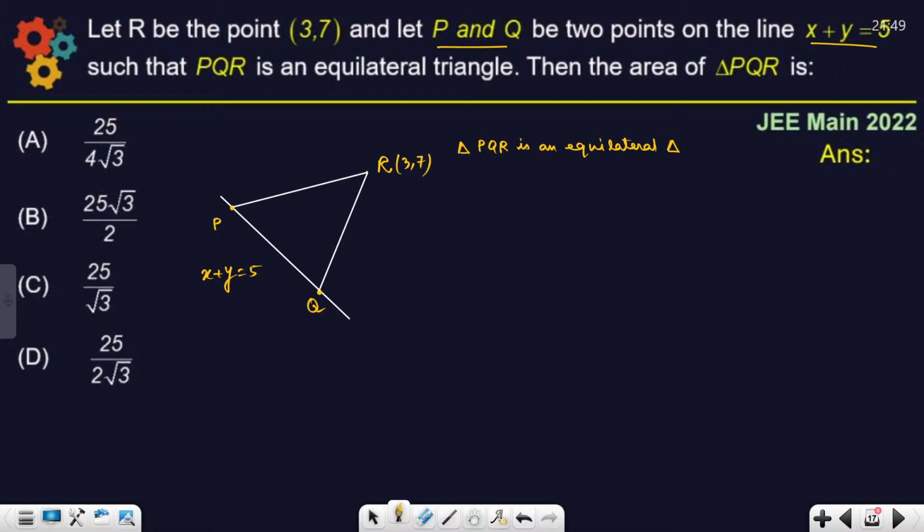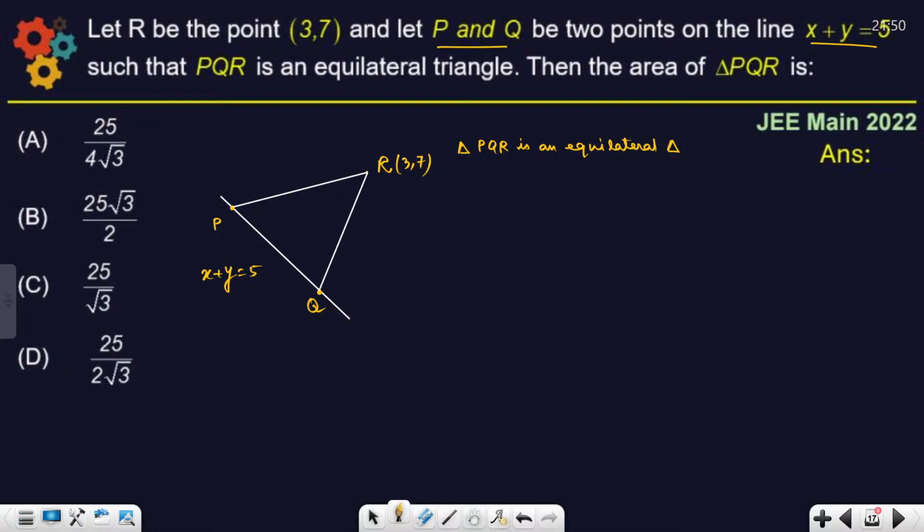Again, I'm telling you, if you know the basics and the geometry of your class 10, you can easily solve problems of coordinate geometry in JEE Mains as well as in Advanced. In Advanced, they will definitely give you these ideas mixed with geometry, so you should be very good in geometry also. And we don't want geometry to the extent of Olympiad level.